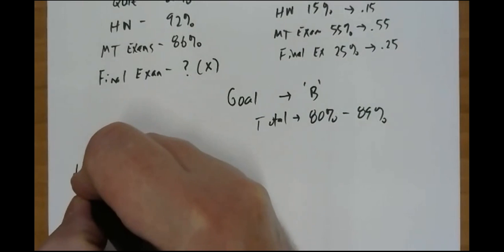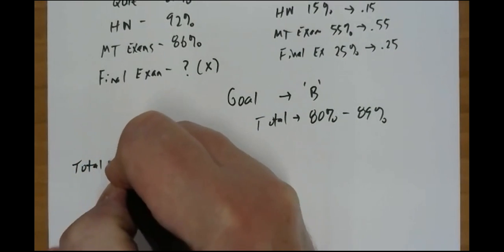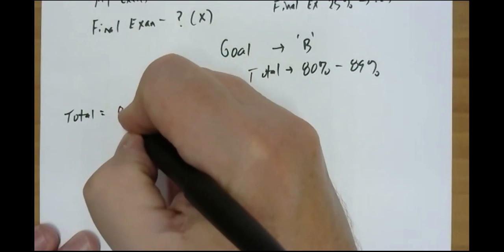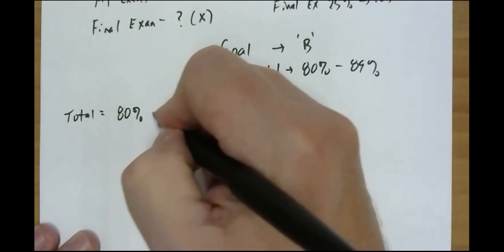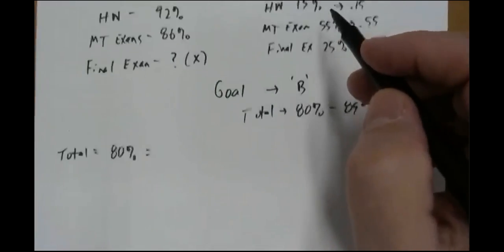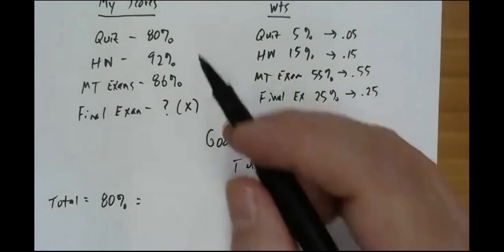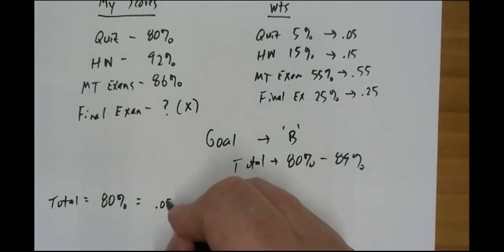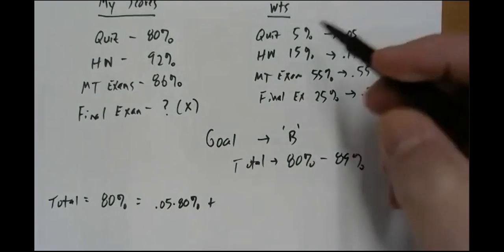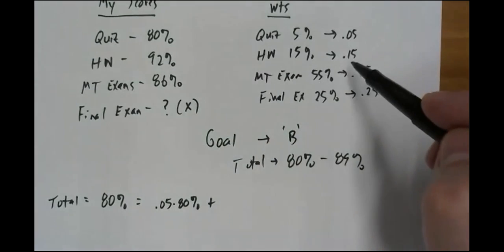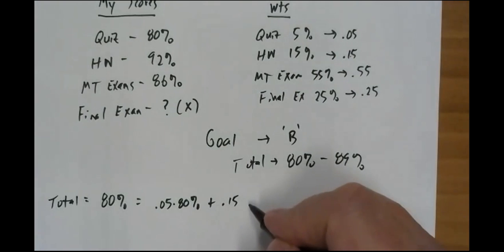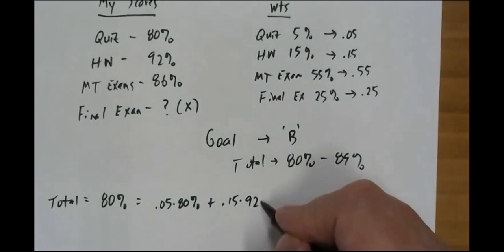So here's the equation to calculate your total score. I'm going to put in 80% because that's my goal. For the quiz, here's my weighting and my quiz score: 0.05 times 80%, plus for the homework, 0.15 times 92%.